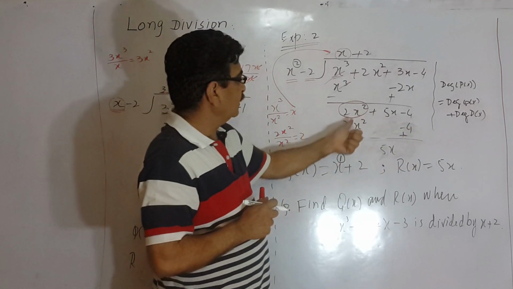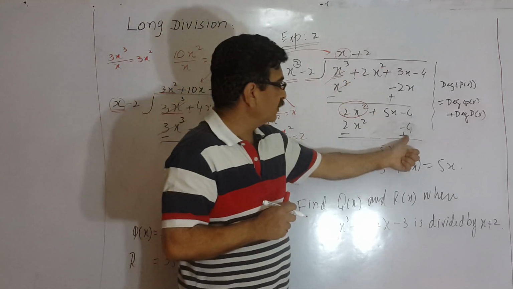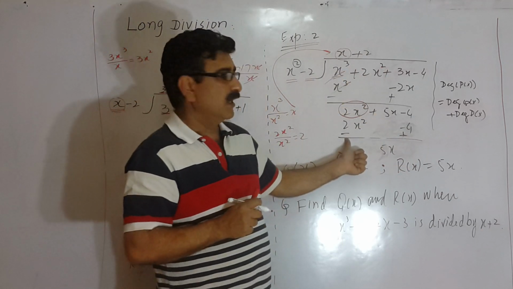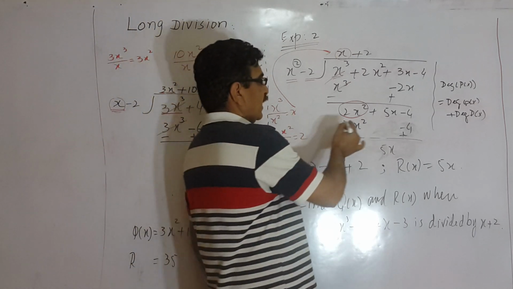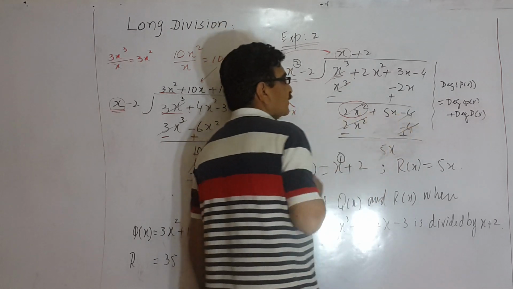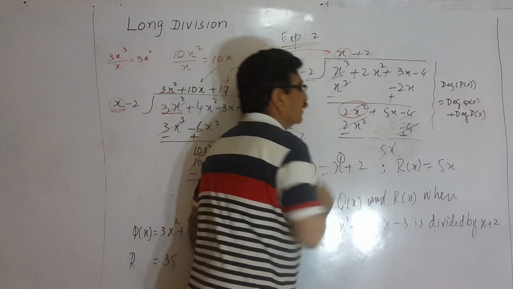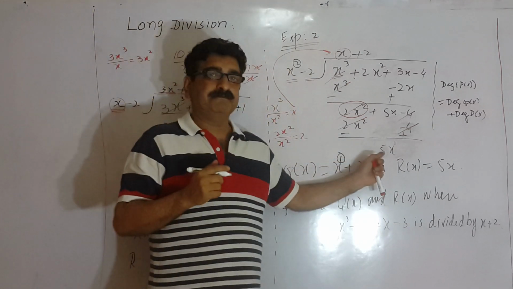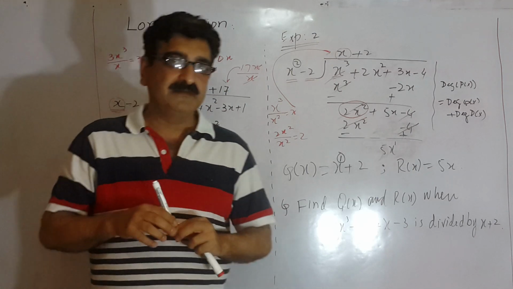So we get 2x square plus minus 4, change the signs, and after changing the signs we can see that this is cancelled with this and this is cancelled with this. So we have this, its power is 1, its degree is 1. So our division is completed.